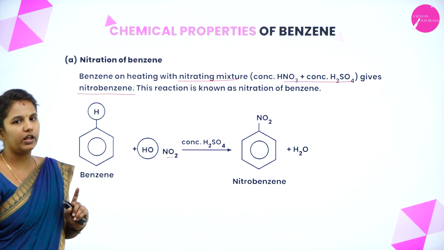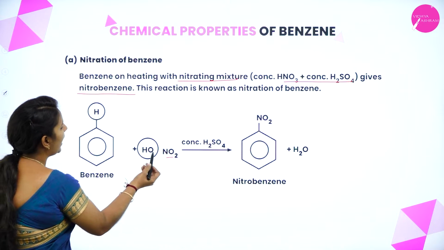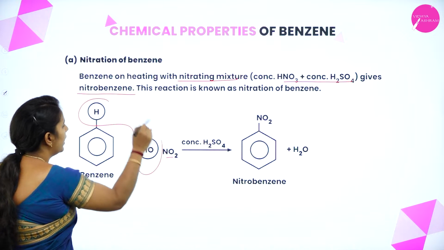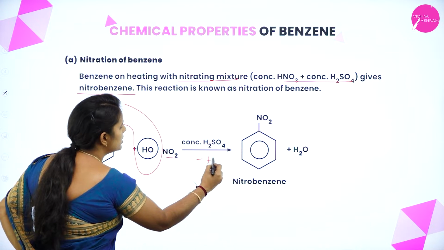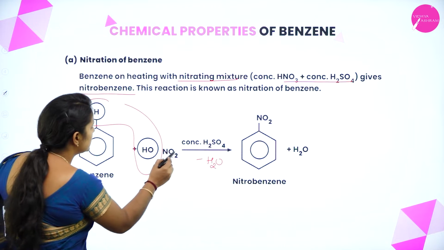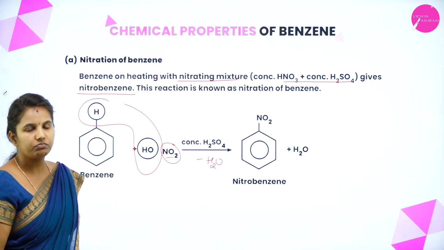How does the water molecule get removed? Because one H from the benzene and OH from the nitrating mixture get removed in the form of water. So it gives rise to nitrobenzene, where the nitro group is substituted onto the benzene.